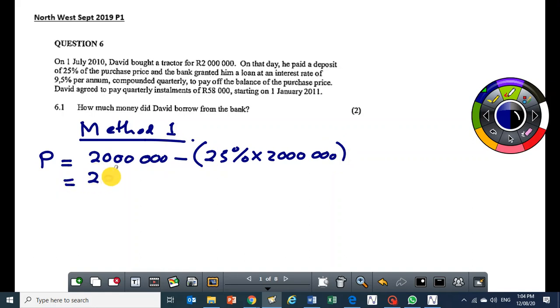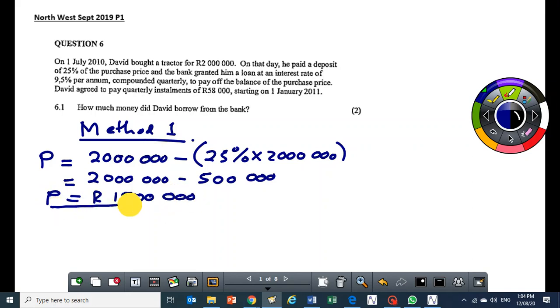So this will give you 2 million minus 500,000. Then you get 1,500,000. So this is method 1.